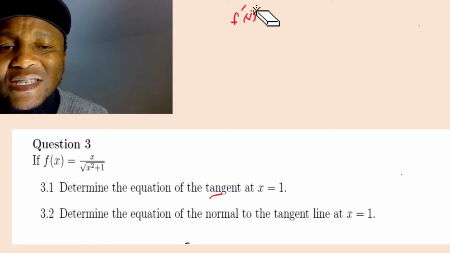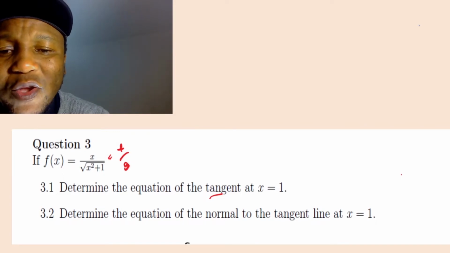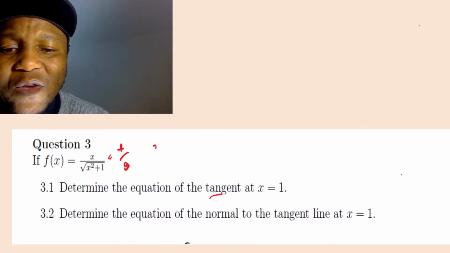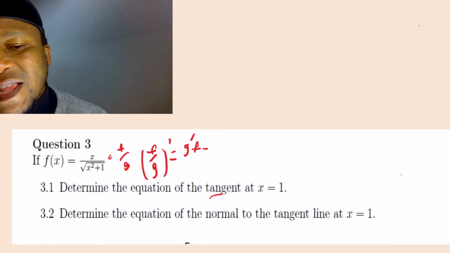So look, this is a quotient. Since this is a quotient, the numerator let me call f, and the denominator is g. When you differentiate f over g, write your denominator constant and then differentiate the numerator. Sorry, I said it the other way around.